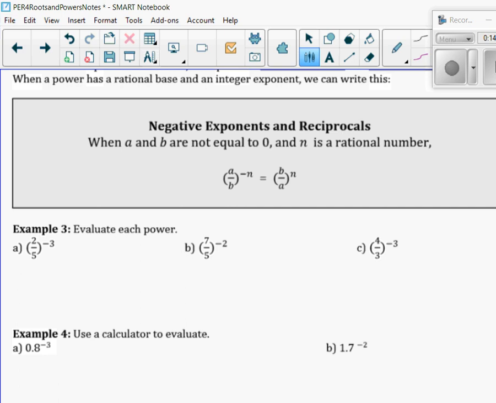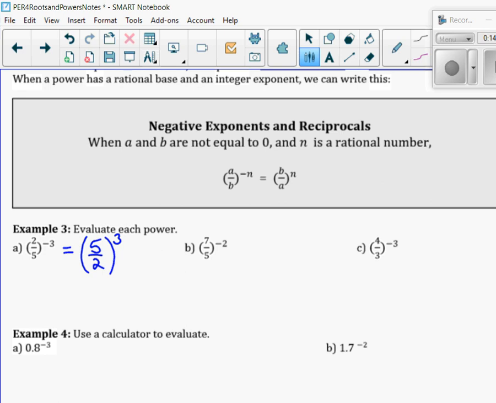We reciprocate it. So in this case, it's not a whole number that we're reciprocating, so it's not going to be 1 over that number. The 2 over 5 is going to become a 5 over 2, and that would automatically make the exponent positive 3. Do you see how it works with a fraction?